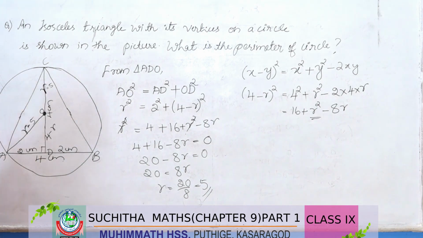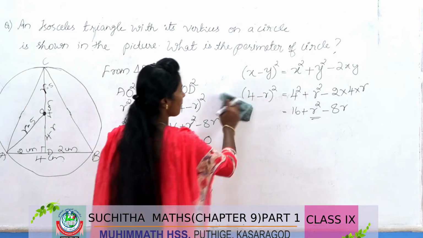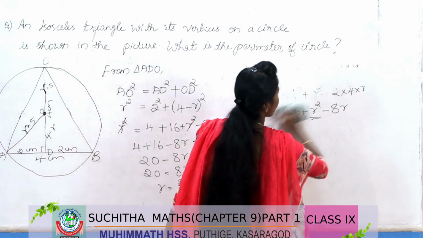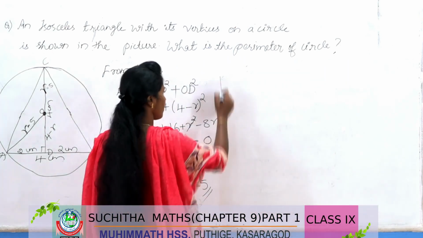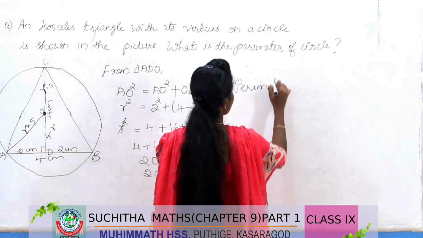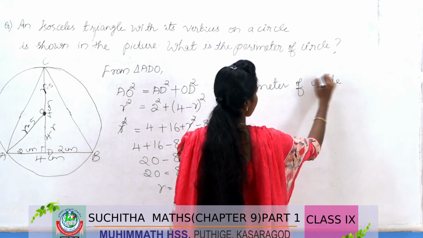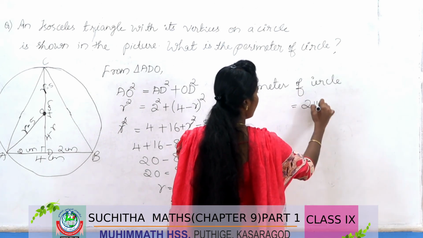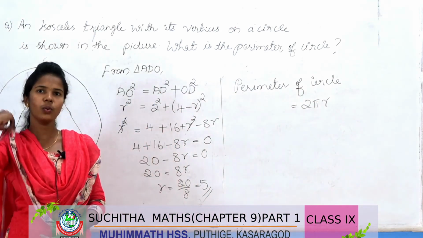Okay. Now calculate the perimeter of the circle. The perimeter of a circle is 2 into pi into r. The perimeter equation is 2 pi r.